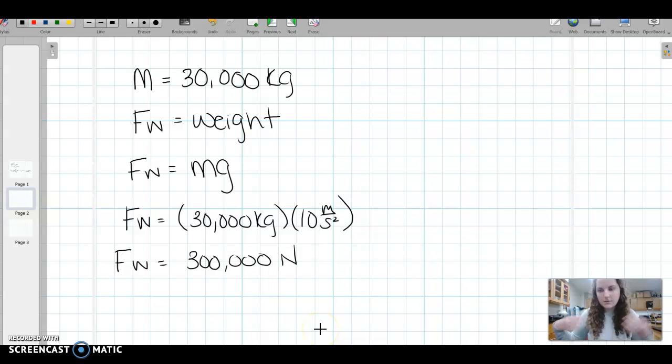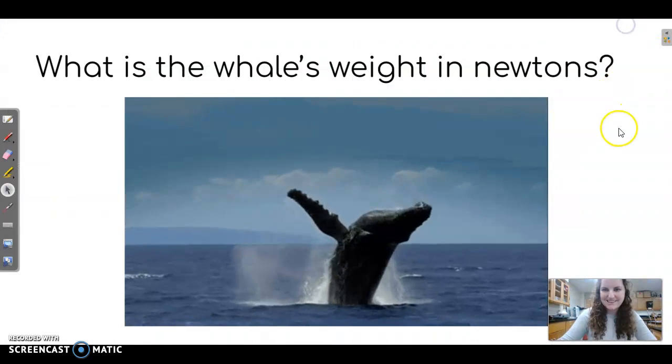Again, that's because weight is a force, so we need to give it a unit of force. We took the mass of 30,000 kilograms and multiplied it by g, which is that gravitational attraction we all have to the Earth, and it's 10 meters per second squared in this class. Okay, moving on to the next one.